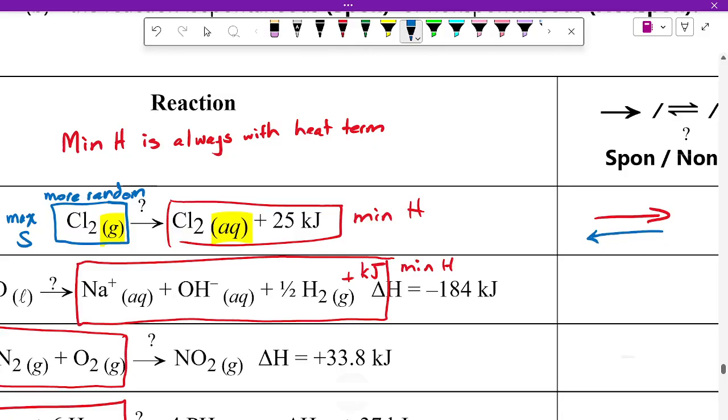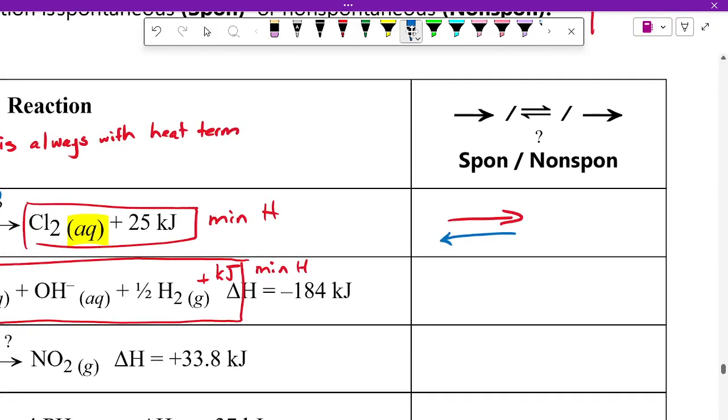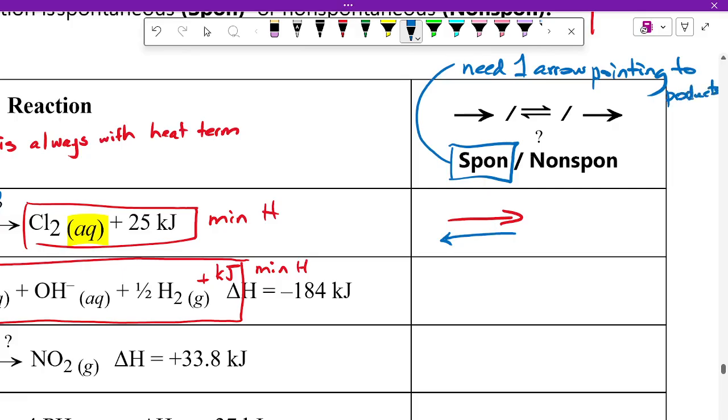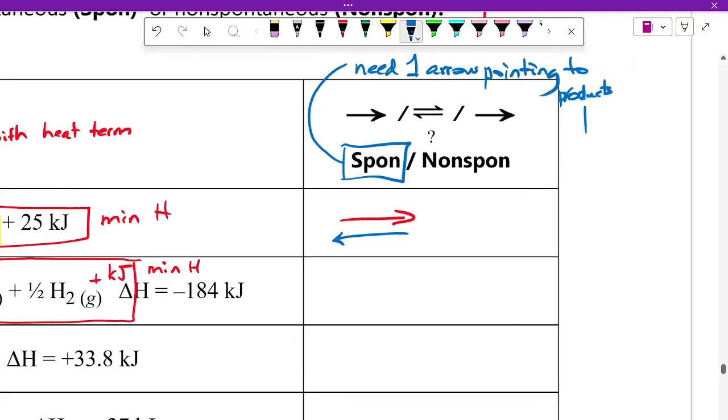Now, in terms of spontaneous and non-spontaneous, for spontaneous you only need one arrow pointing to the products. So you could have an equilibrium or you could have completion, and it will be spontaneous.